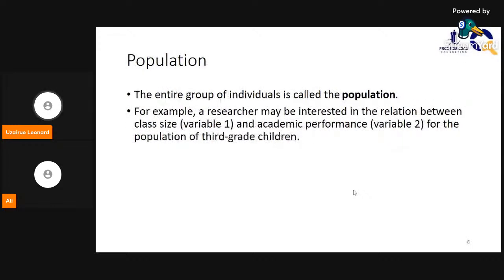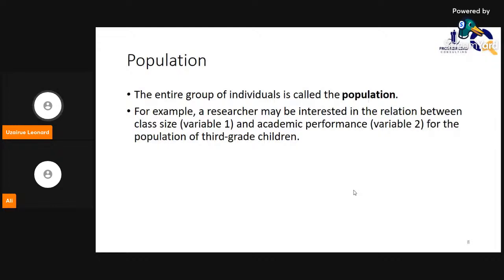Now, when we talk about population, we are talking about the entire group of individuals. So, for example, everybody in Nigeria makes up the population of Nigeria. In a class, all the pupils or students in that class make up the population in that class. In a school, all the students make up the population of students in the school.